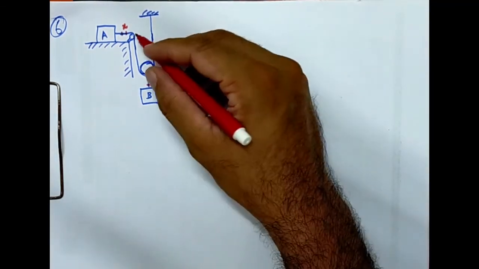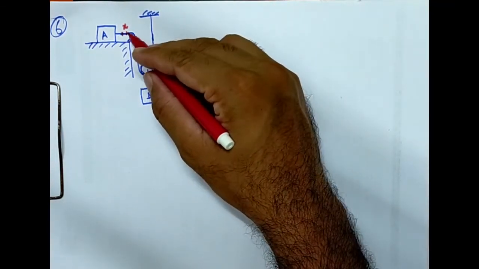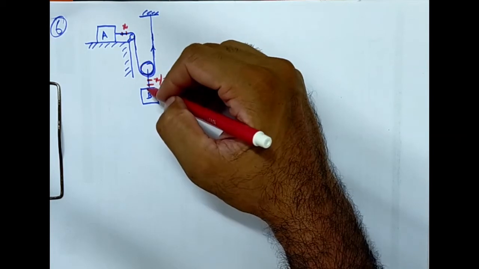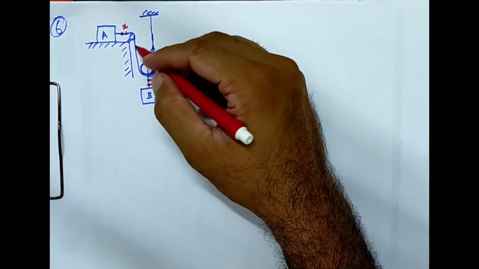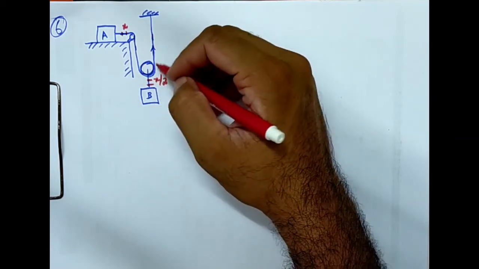Okay, so that is the very first thing that you need to appreciate. Only if you understand this concept can we move further. If it was a single pulley, the amount moved is x and the amount moved will be x here also, but this is a combination case.